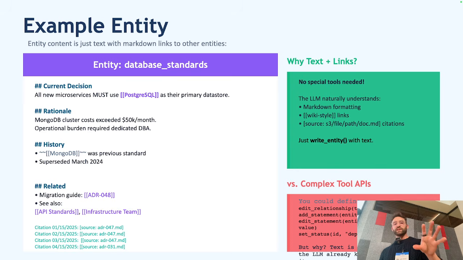This is an example of what we use at Knowledge Work, which is actually a much simpler way of doing things. We've eliminated the tools like add relationship, edit relationship, or add statement, and thrown that all away and made something much simpler, and we found it to be much more performant and powerful. We have our entity name, which has to be unique within a namespace, like in a user's account.